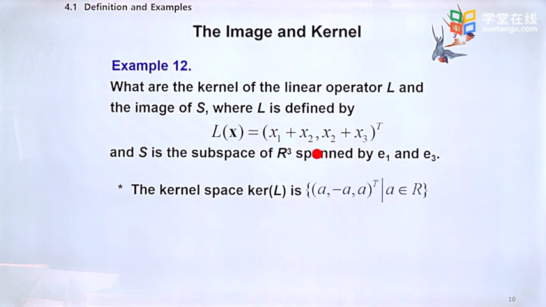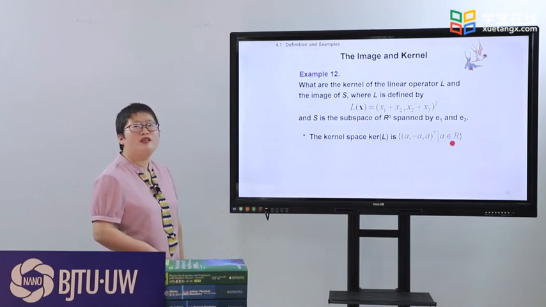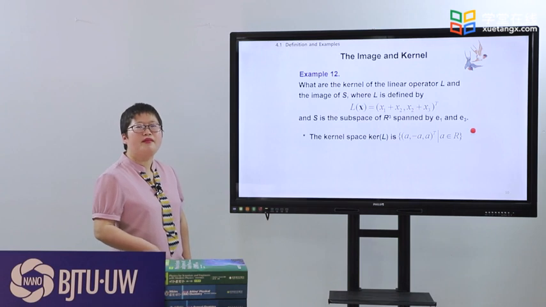The relation is X1 plus X2 equals 0, so we set X1 equals a, and you get X2 equals minus a. And because X2 plus X3 also needs to be 0, you have X3 equals a. So the kernel space is such a kind of vector where a can be chosen arbitrarily as a real number.